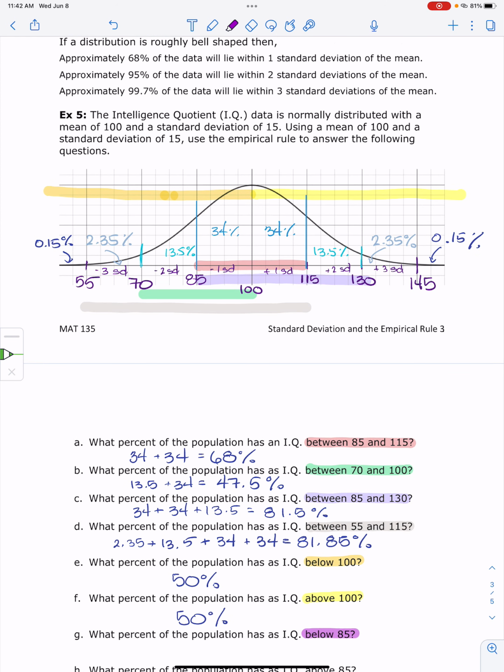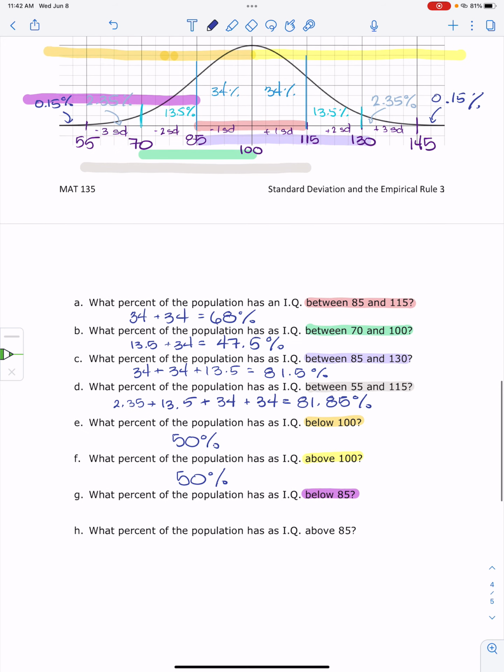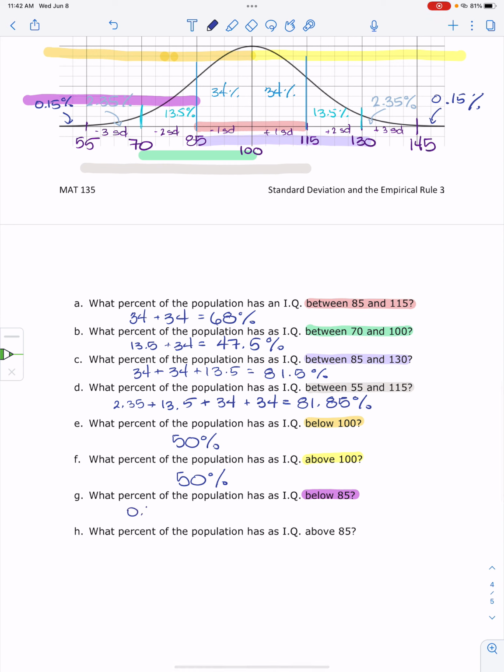So below 85 is this right here. I got 0.15 plus 2.35 plus 13.5. I get 16% of the population has an IQ below 85.